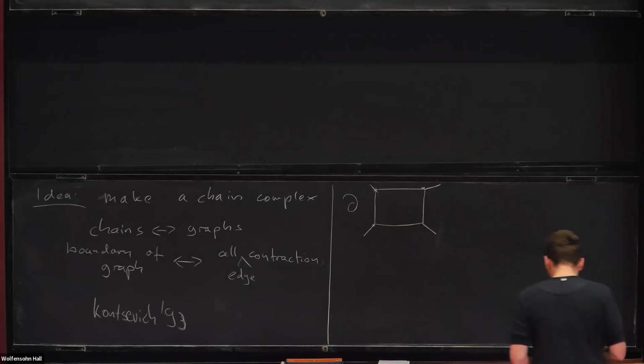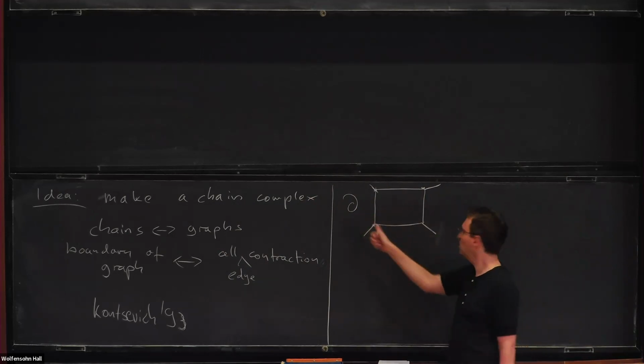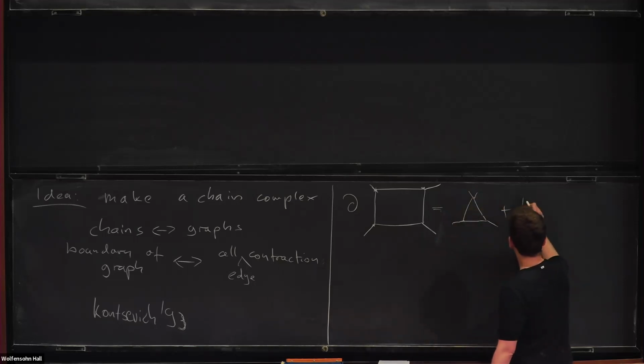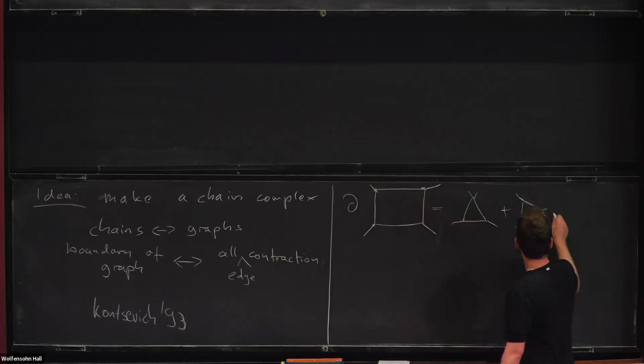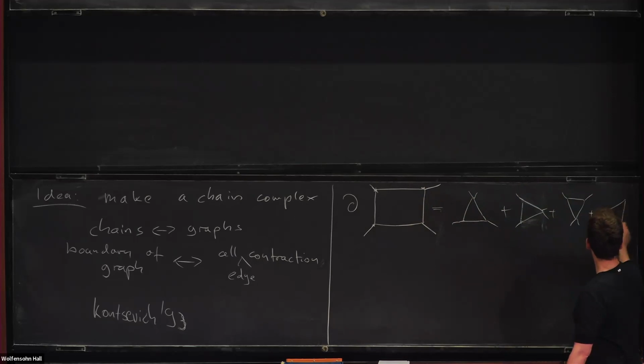What we want is to act with a boundary operator on this graph. The idea is to contract all the edges of the graph. We have 4 possibilities: we can contract all the 4 edges, and we get 4 times this kind of ice cone graph here.